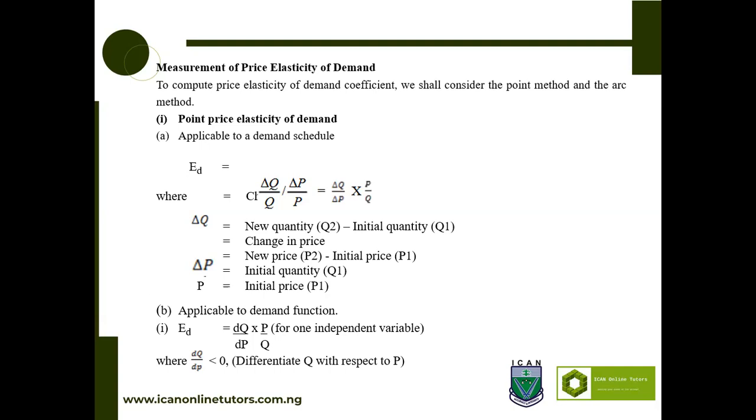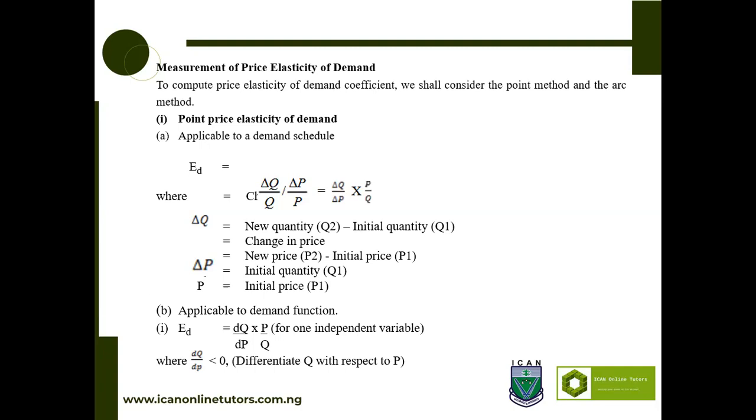So to compute the price elasticity of demand coefficients, we need to consider the point method and the arc method. We have two methods to measure price elasticity of demand. The first one is known as the point method, while the second one is known as the arc method.